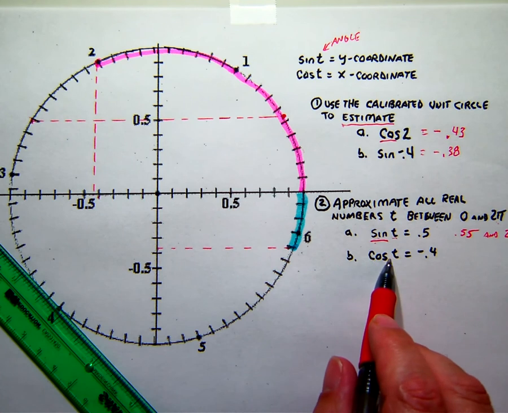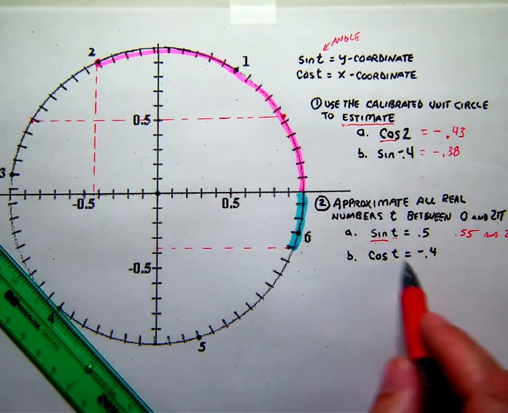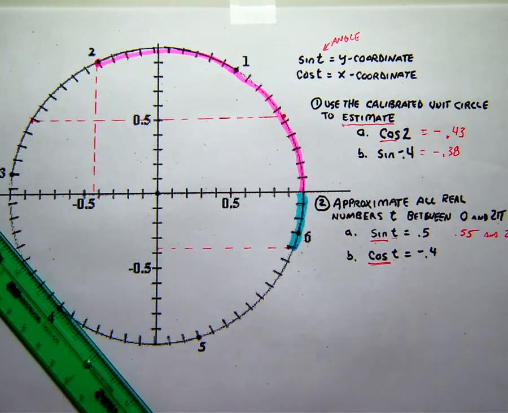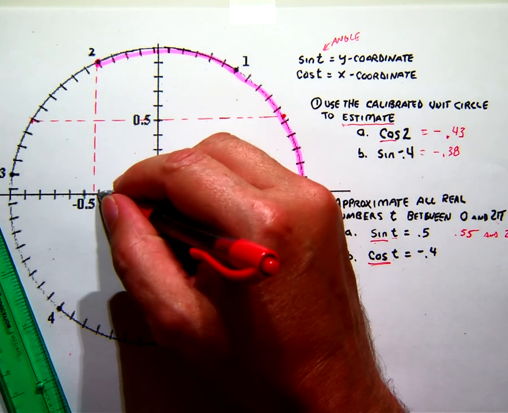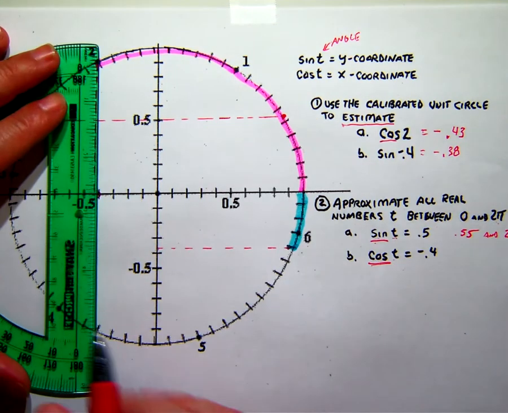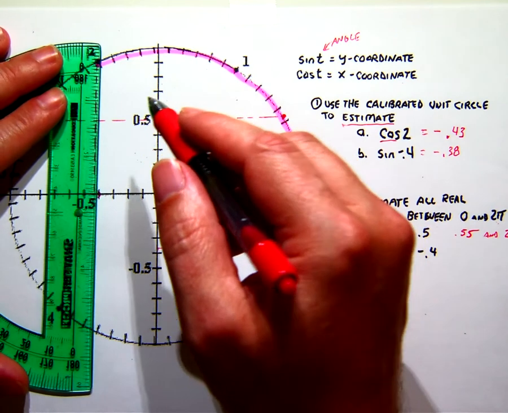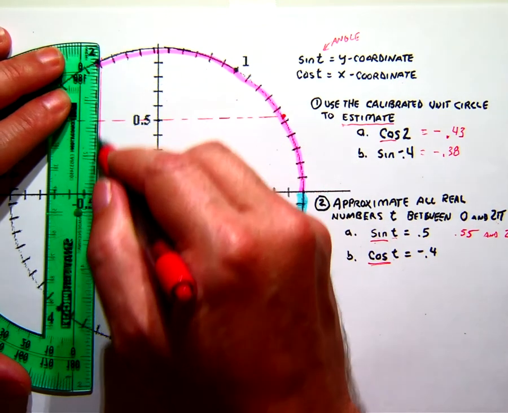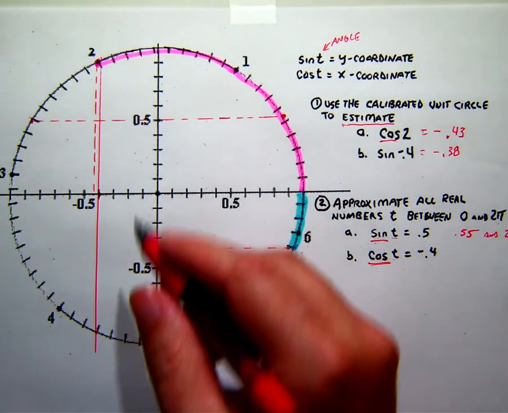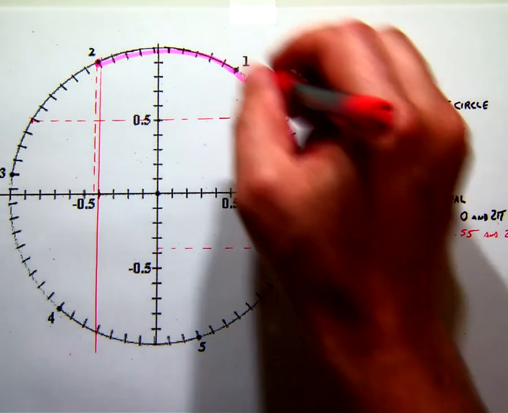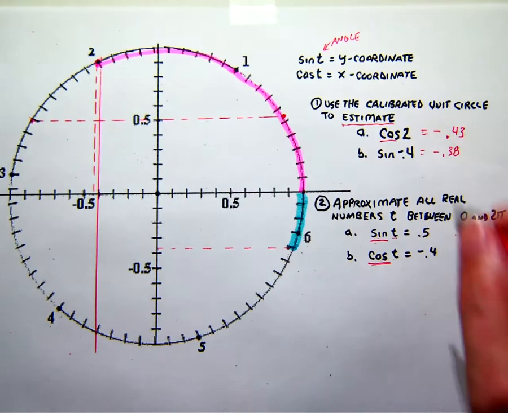What angle has a cosine of negative 0.4? Now, cosine, you want to take the x-axis, find negative 0.4, which is right there. I'm just going to make a solid line here just so it doesn't get confused. So here's one angle at 2.